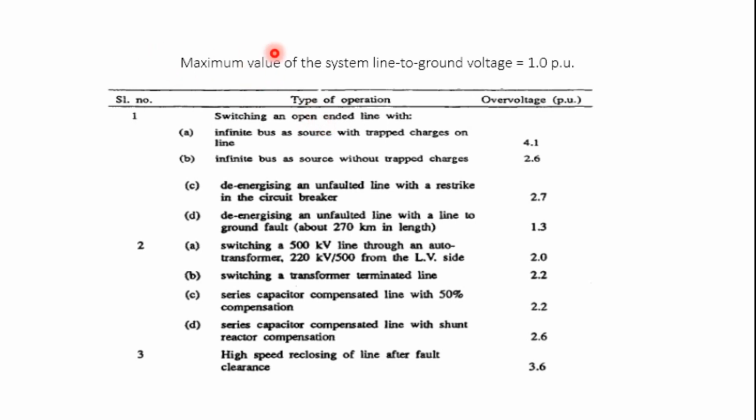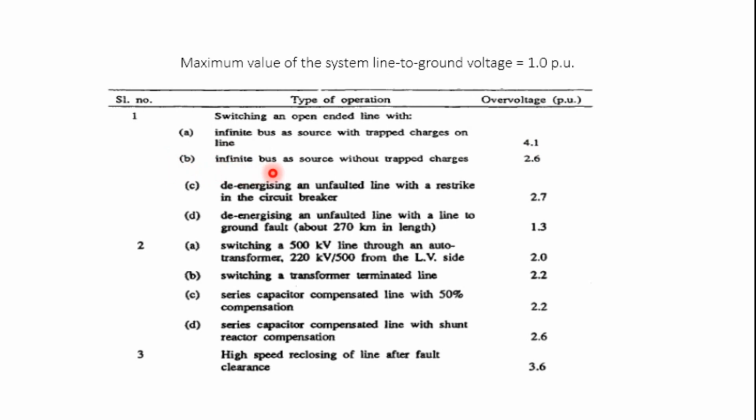The maximum value of the system line to ground voltage is considered as 1 per unit value. Here we have the serial number, the type of operation, and the per unit value of the voltage. For switching an open-ended line, in the first case with an infinite bus as a source with trapped charges on the line, the over voltage will be around 4.1 per unit value.